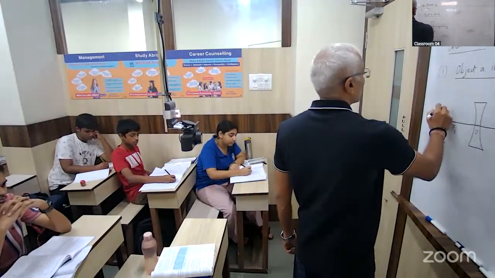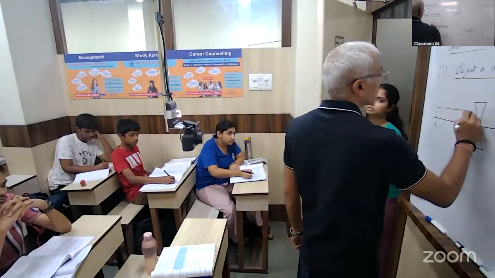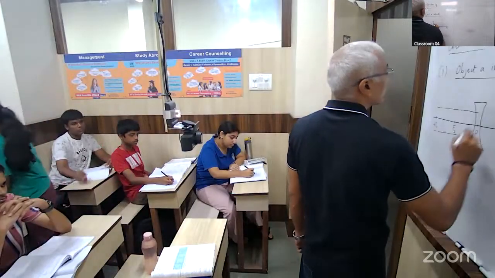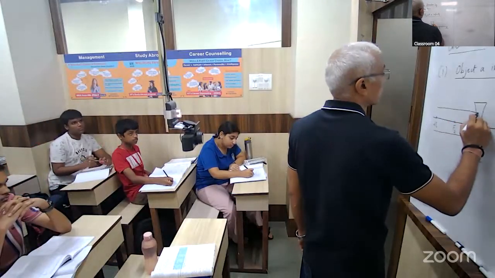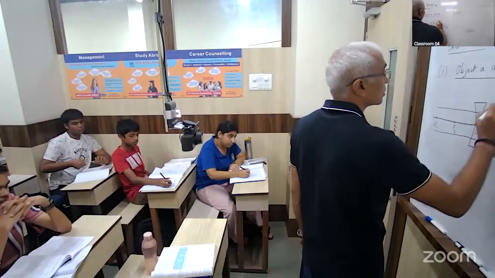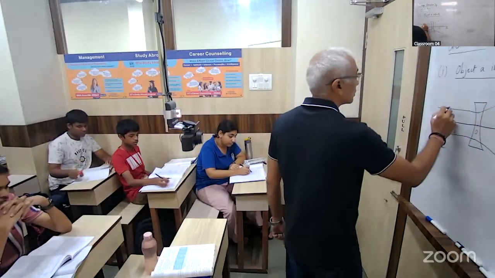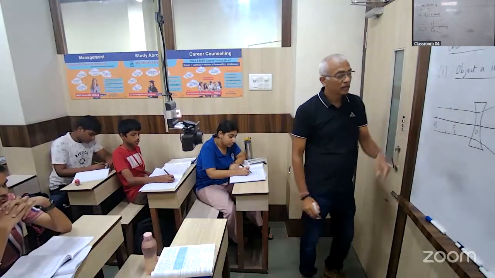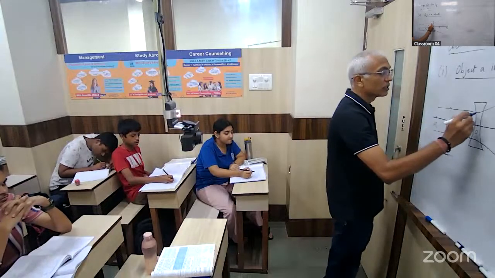So when the object is at infinity, rays will be parallel. And this is the diverging lens. So the incident ray will be diverged away from the focus in this case.